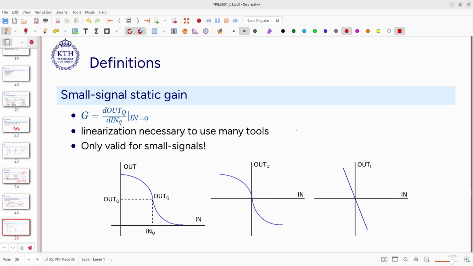As I mentioned before, we need linearization in order to be able to use linear system mathematical tools like Laplace transform, etc. So in a previous step we move a nonlinear curve to the origin, and then we linearize by differentiating it. And we differentiate this one precisely at the origin.